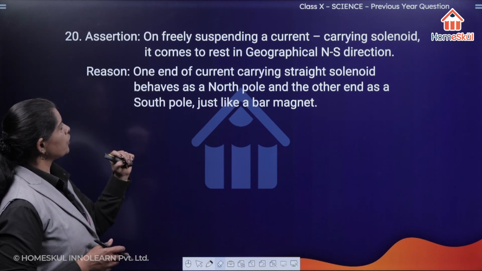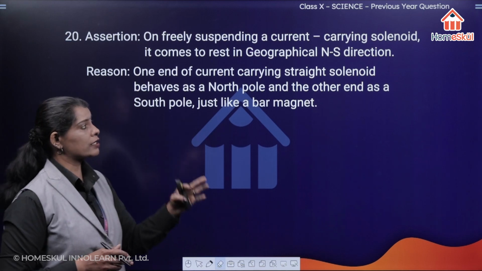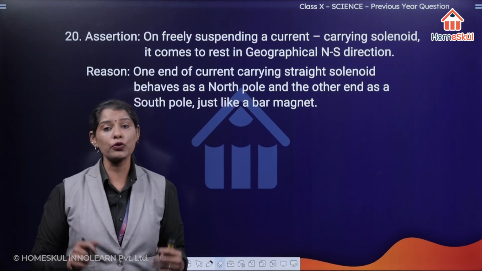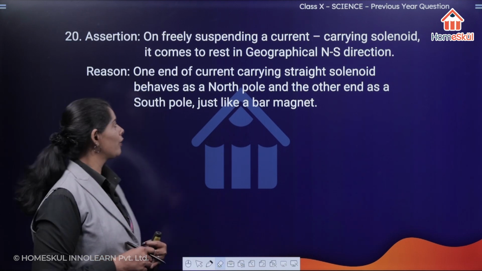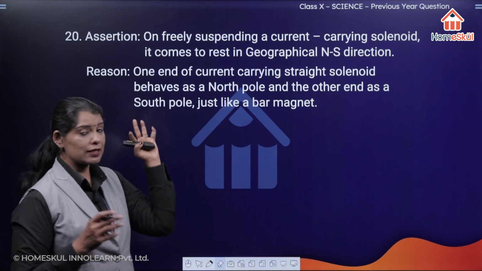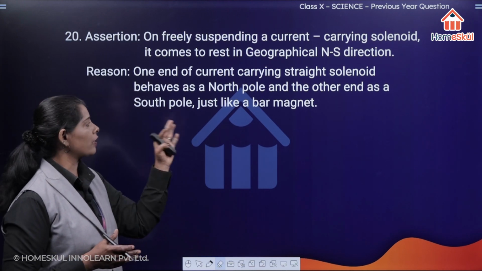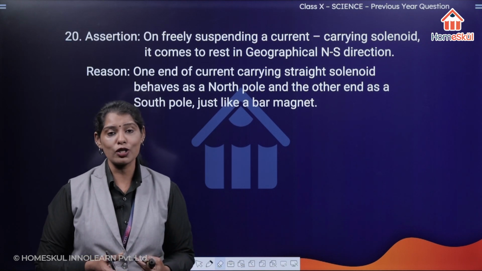So the assertion, that on freely suspending a current carrying solenoid it comes to rest in the geographical north-south direction, is a true statement because a solenoid behaves like a bar magnet. Now, what about the reason? One end of the current carrying straight solenoid behaves as a north pole, as we have seen, and the other end is the south pole. So the reason is also true.